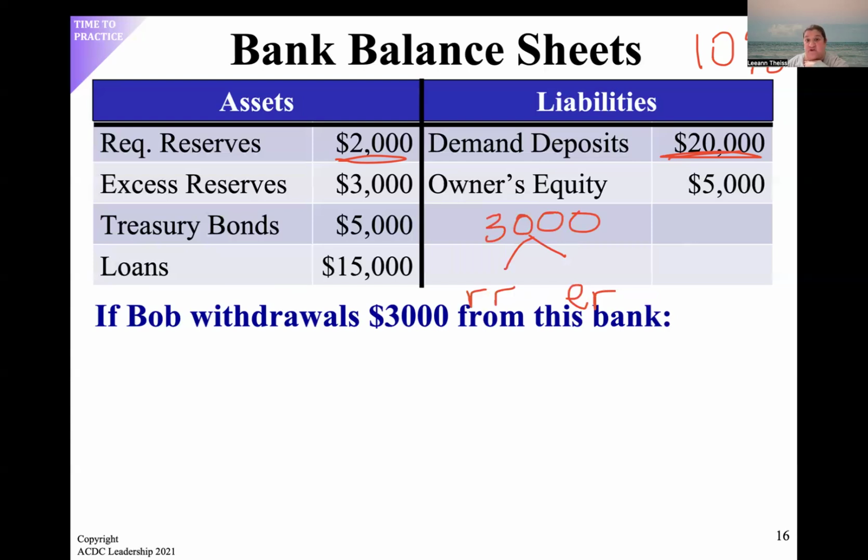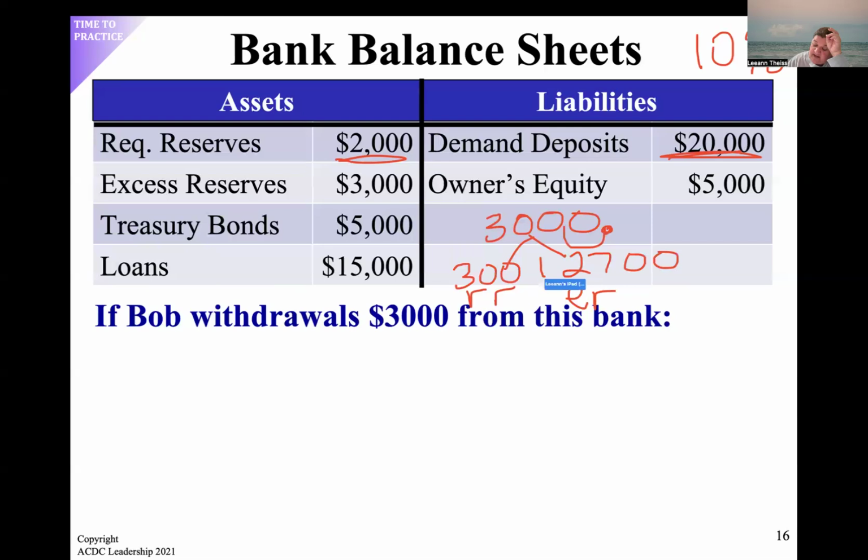10% of $3,000, you can use your calculator and you can say 3,000 times 0.1. Or the way my brain does 10% is I put my decimal here, I move my decimal over by one, and that tells me that 10% is $300. So $300 is going to be the change in the required reserves. And then the rest of the money, the $2,700, is going to come out of excess reserves.